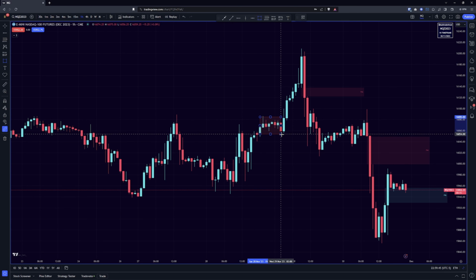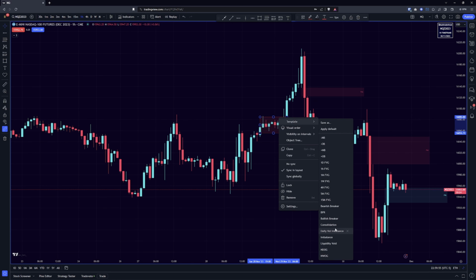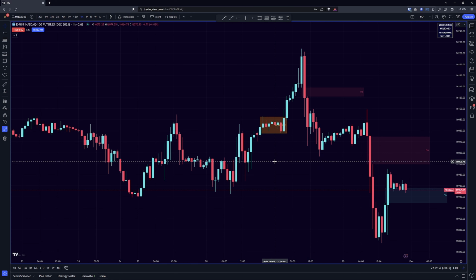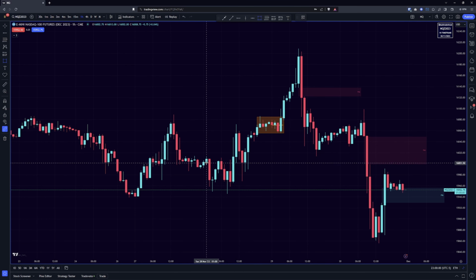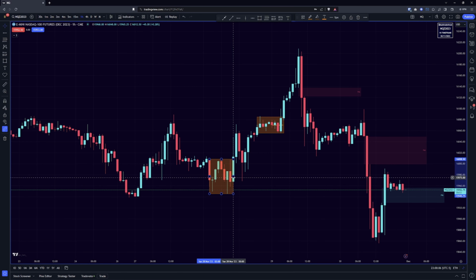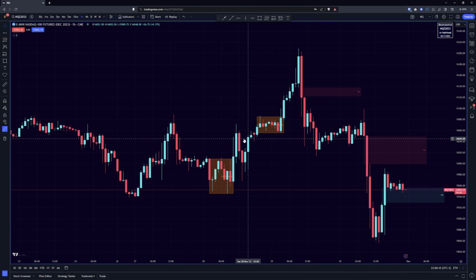I'm not the best at drawing these out yet, but I was really looking for this to be a little consolidation period. And then I was looking at this to be another one.